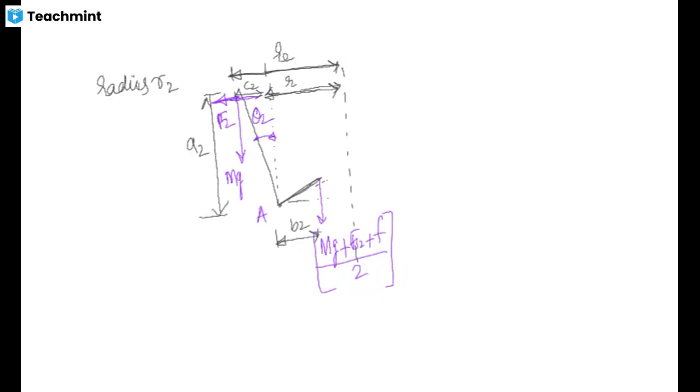Now if you write the equilibrium equation, taking moment about the fulcrum point A, you are going to get F2 into a2 equal to 1 by 2 in bracket capital Mg plus Fs2 plus f, into b2, plus mg into c2. Let us note this as equation number 2.